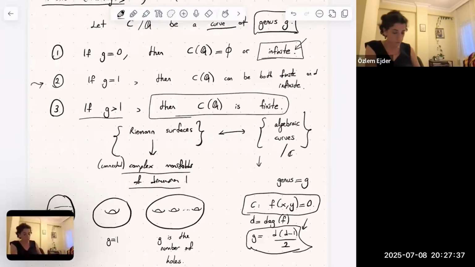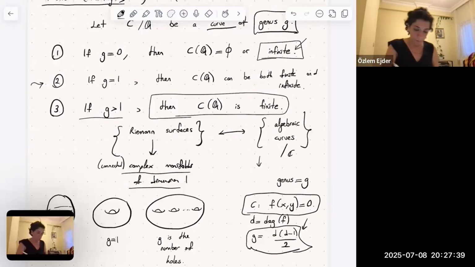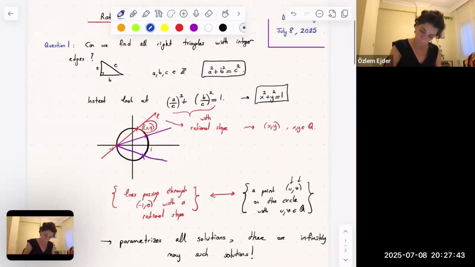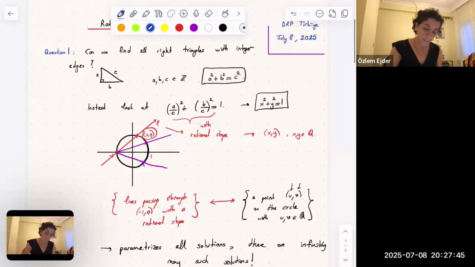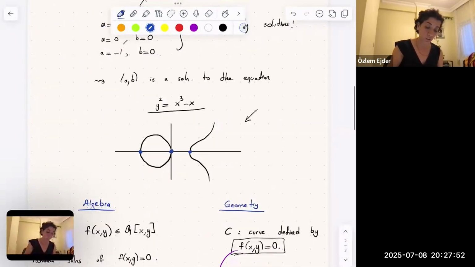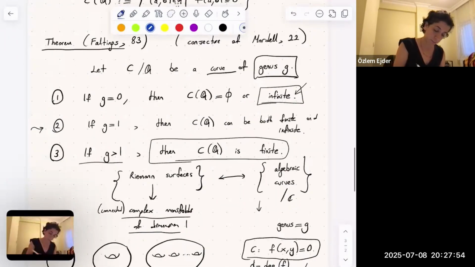Okay, so maybe going back to the examples, we can say something here. The first example that I gave you, looking at the points on this circle, corresponds to the genus 0 case. So question 1.